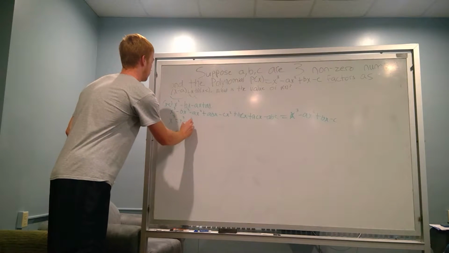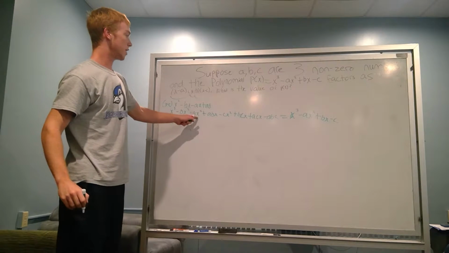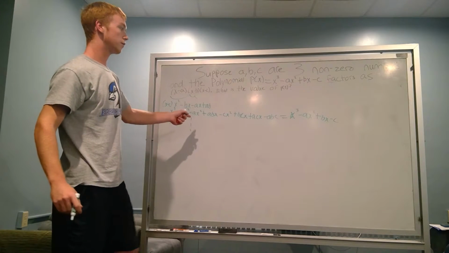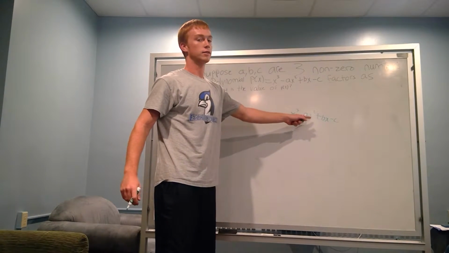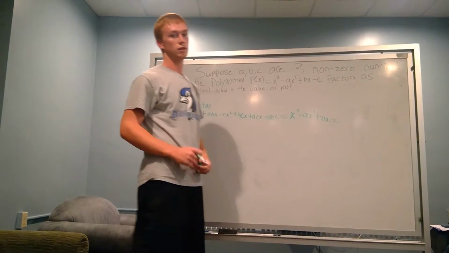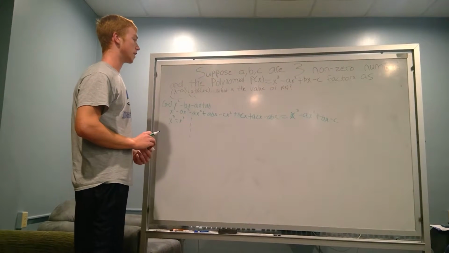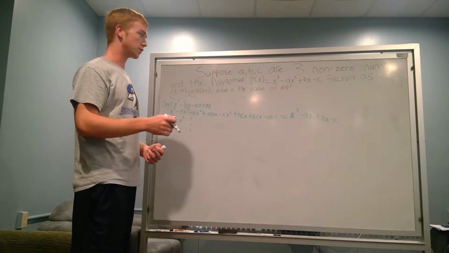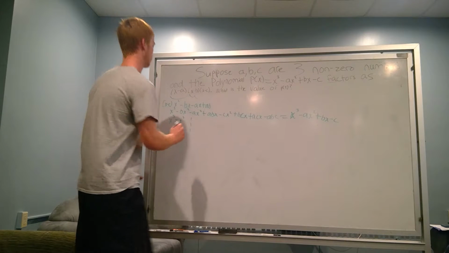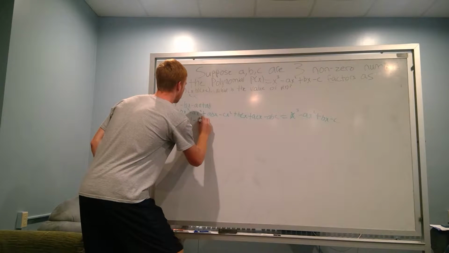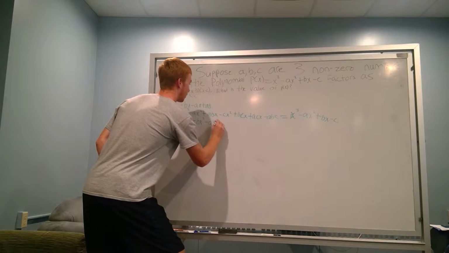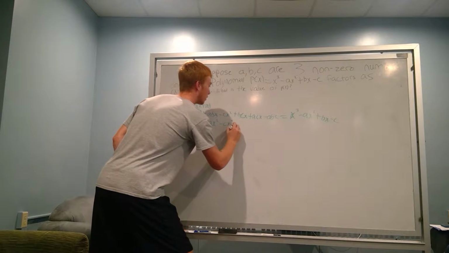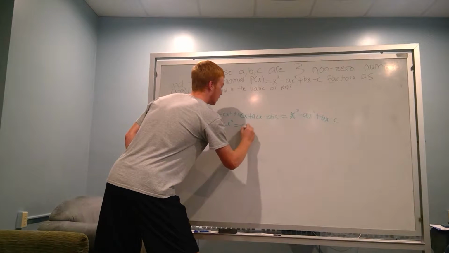Similarly, the negative bx squared, negative ax squared, and negative cx squared equal the negative ax squared, because these squares are never going to change to a cube or to a regular x. So we can set negative bx squared minus ax squared minus cx squared equals negative ax squared.